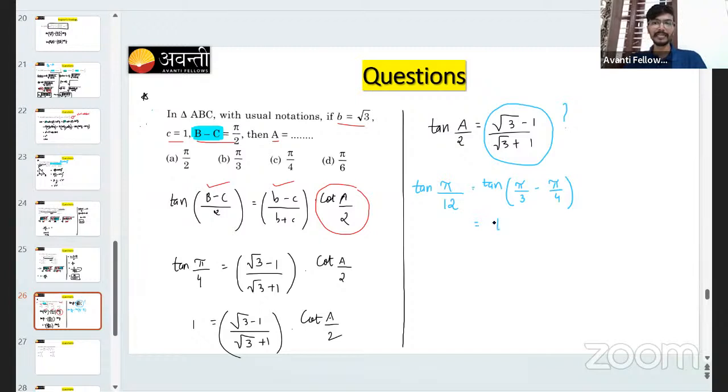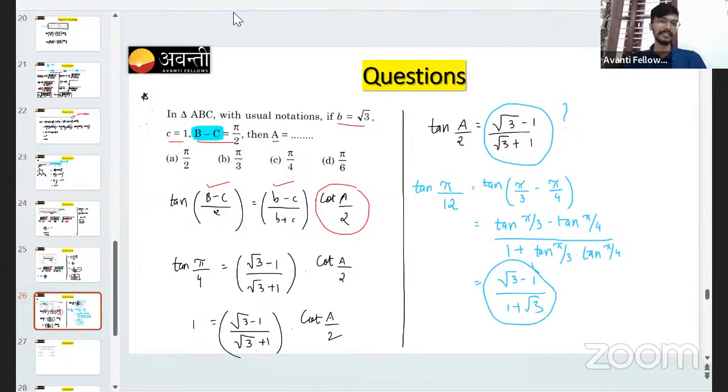Tan (A minus B) is (tan A minus tan B) upon (1 plus tan A into tan B). So tan 60 degree minus tan 45 gives root 3 minus 1 upon 1 plus root 3, which is the same as this.